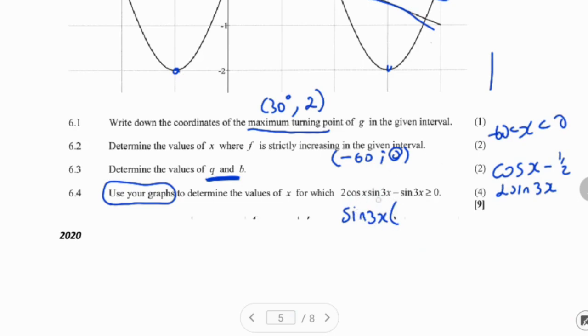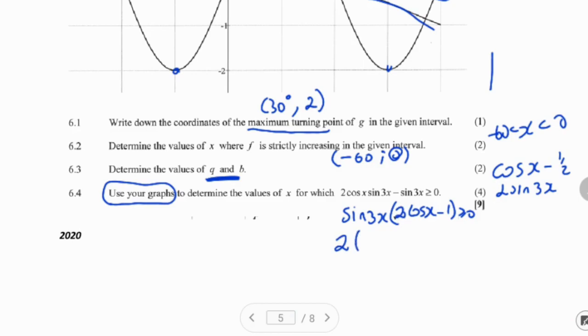So if I take minus 3x out as a common factor, this is going to give us 2 cos x minus 1 greater or equals to 0. We want this to be minus a half, and we want these 2 here. So what I'm going to do is take these 2 out as a common factor.